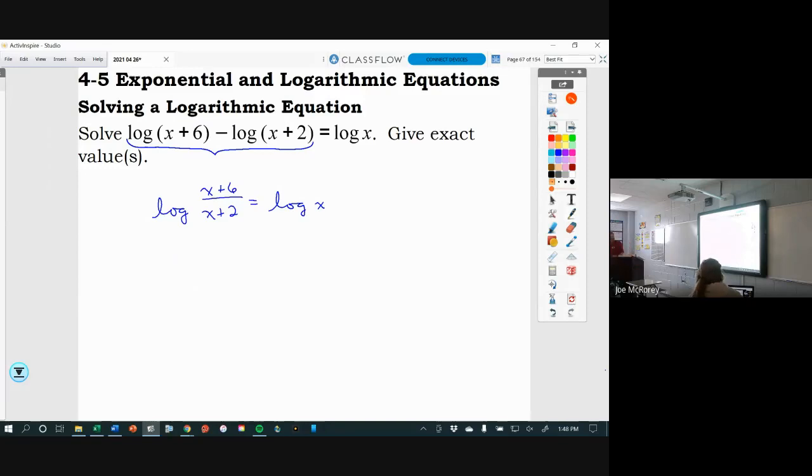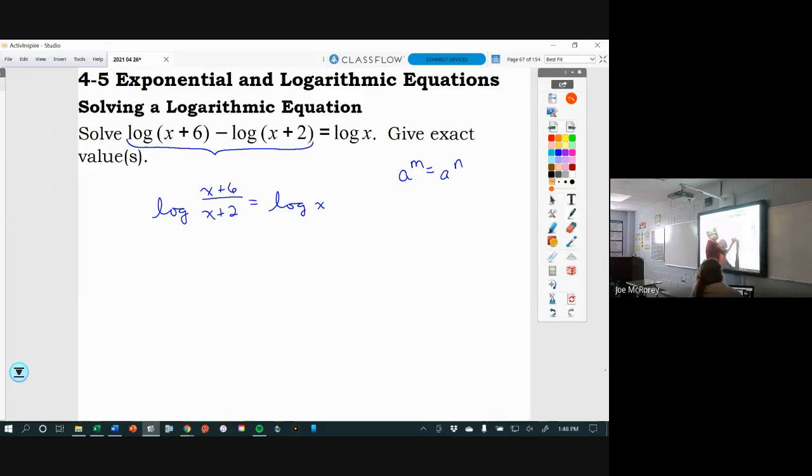Now, how can the log of that mess equal the log of x? Think about it. How can that be true? They all have a base of 10.